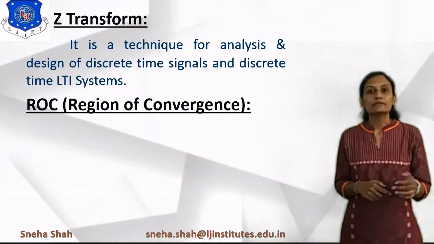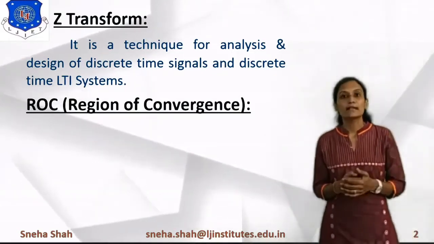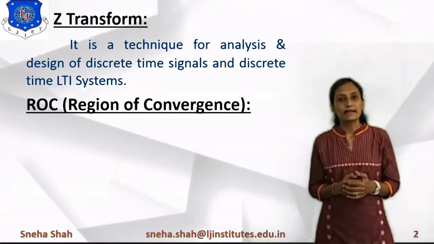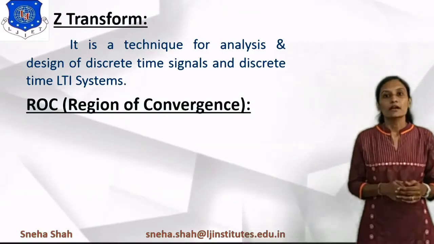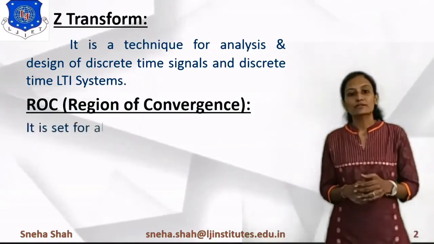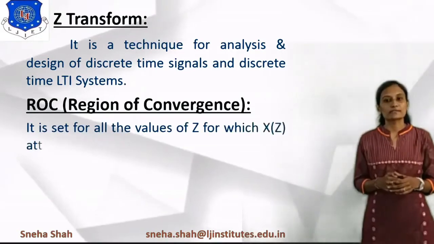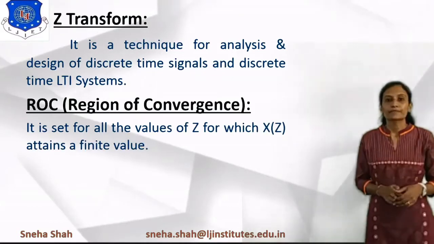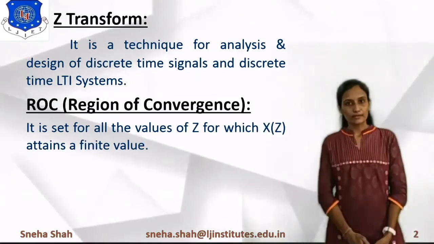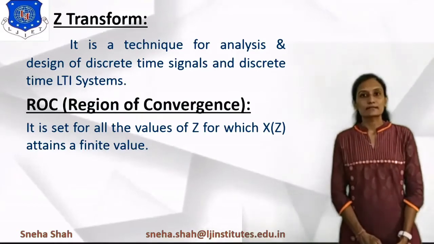So for stability we see for which value of z it gives x of z as a finite value. So the ROC is defined as the set of all the values of z for which x of z attains a finite value. If it attains a finite value, then and only then it is considered a stable system.